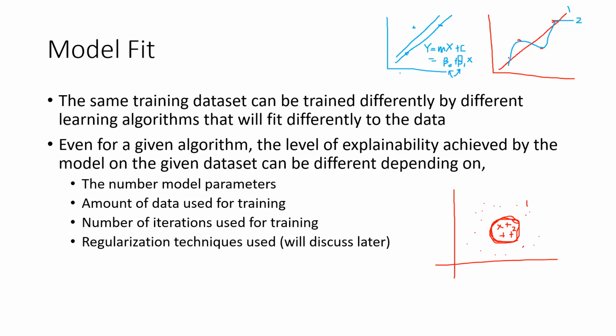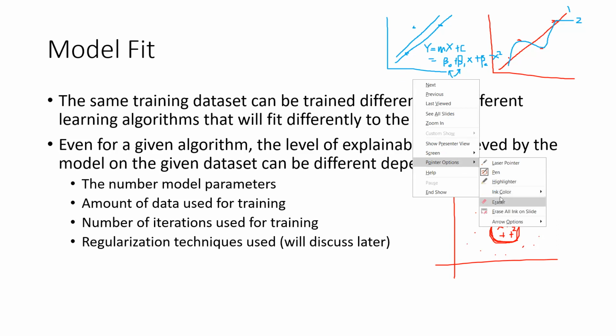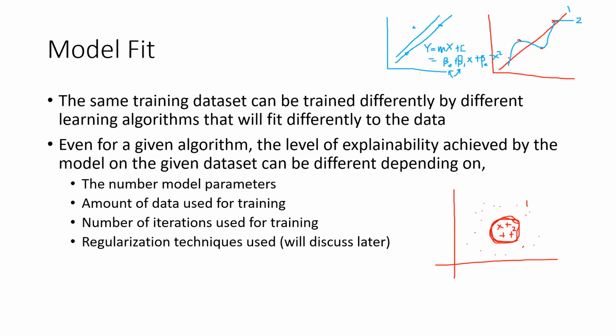When you increase the number of parameters, say from 2 to 3, you can add another parameter like beta 2 x square, right? So using polynomial regression, you can fit your data accurately, right?